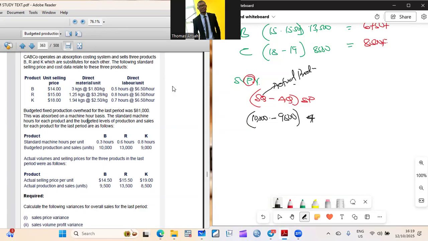No. So you need to understand the things you do. We said that when you are given a standard quantity, which is normally for one, when we say the standard cost card is for one, we say it is standard quantity for actual production.